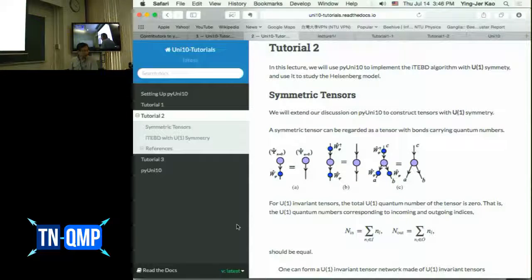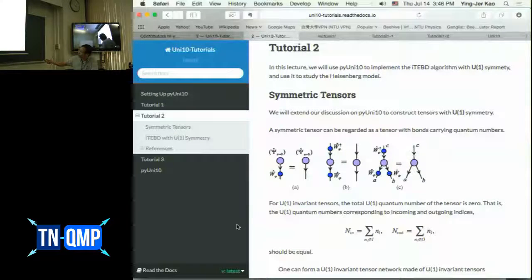What does it mean that a tensor is symmetric under some group operation? In general, a symmetric tensor, you can think of something like this. This is a vector. A symmetric vector just means that you do some transformation and it's invariant. The same way for this matrix, you do some transformation and it's symmetric. And the same way for a rank 3 tensor.